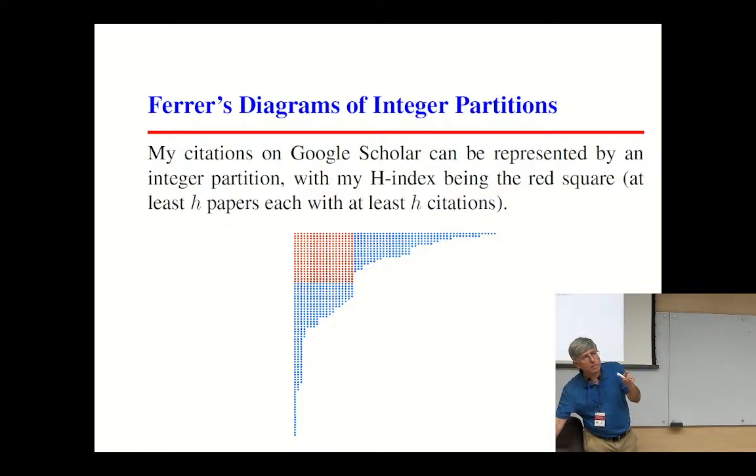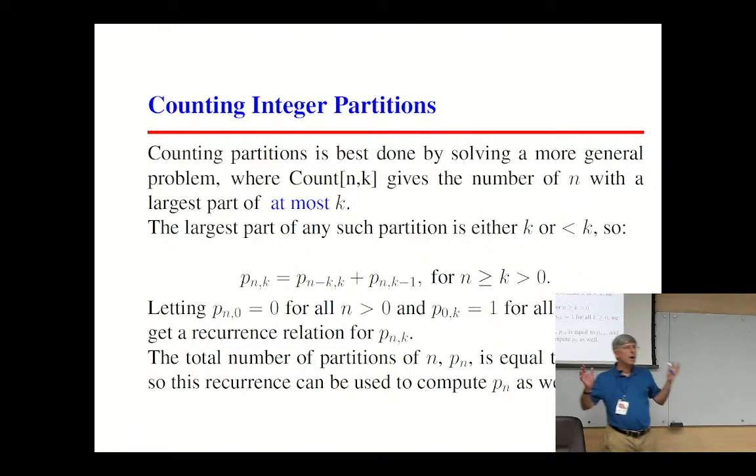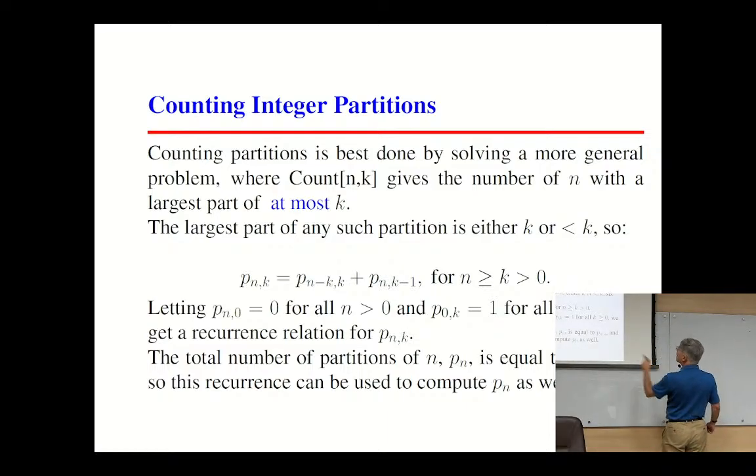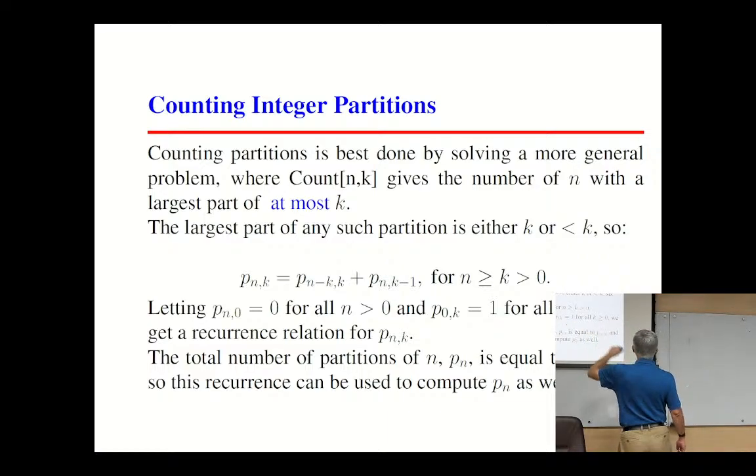Okay, and they're interesting things to think about. Any questions? The first question is, how many integer partitions are there? We've said that if we know how to count something, we can do all kinds of things. How many integer partitions are there of n? The way I would count that is to develop a recurrence that gives the count as a function of n where the largest part is at most k.